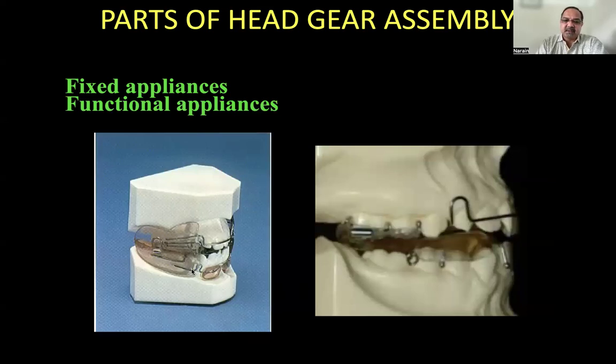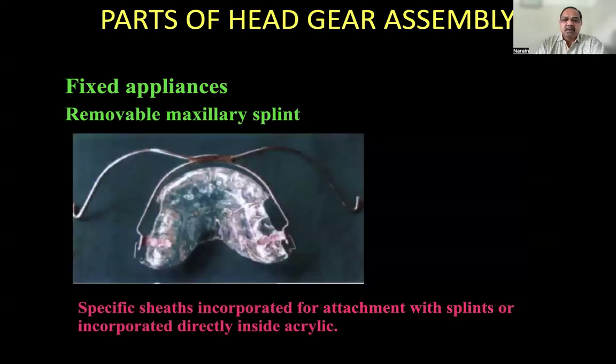This is a Frankel appliance with a headgear tube on the vestibular shield. This is a twin block appliance with a headgear tube attached to the upper bite block.